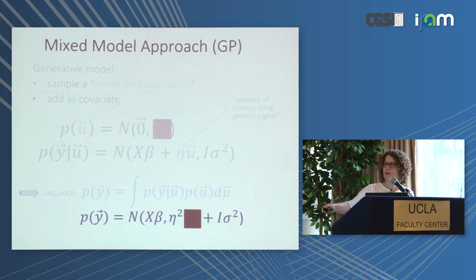And so you can view this extra term in the linear mixed model as simply a correction of this IID-ness, and in particular, it's a correction which specifically tells you the pairwise similarity between every two people, which I've just told you is the problem. And so what I'm glossing over a little bit here is, well, how exactly should you compute this? And I'll get into that a little bit here.